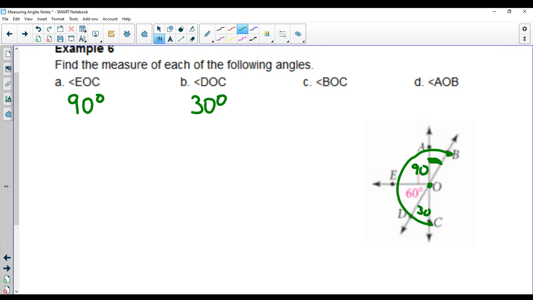They're across from each other, so they have the same measure. It's 30. So I've got a 90, a 60, and two 30s. 30 and 30 is 60. Another 60 is 120. 120 plus 90 is 210 degrees. And the last little angle they want is angle AOB. That's that 30-degree angle we just found a minute ago.